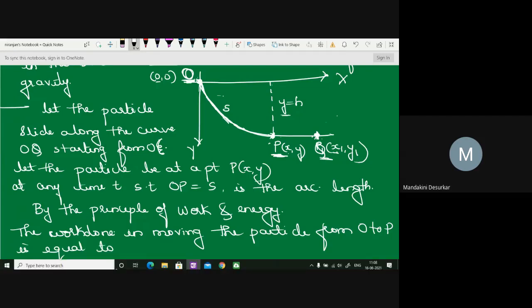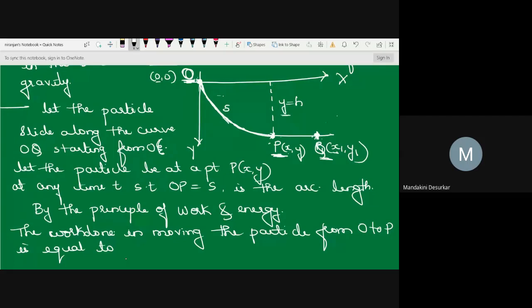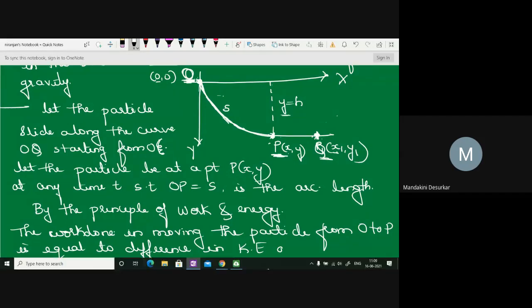You are allowing a particle to slide along a curve from a point O to a point P. So what is it? It is the difference in kinetic energy. Is it fine if I write KE?